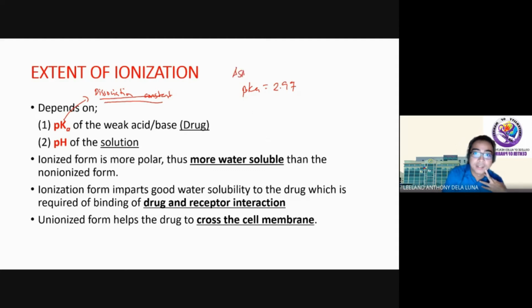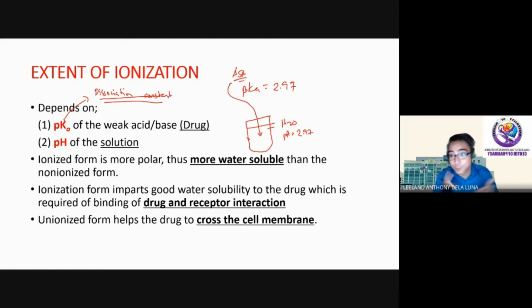Aspirin. Okay? Now class, if I expose aspirin, ito kunwari, this is water. Kunwari lang water that I made na ang pH is 2.97. Okay? Pag nilagay ko si aspirin which is a weak acid, pag nilagay ko siya class dito sa tubig na to, whose pH is 2.97, ano mangyayari sa aspirin ko?